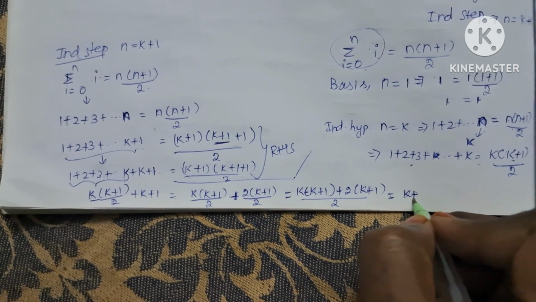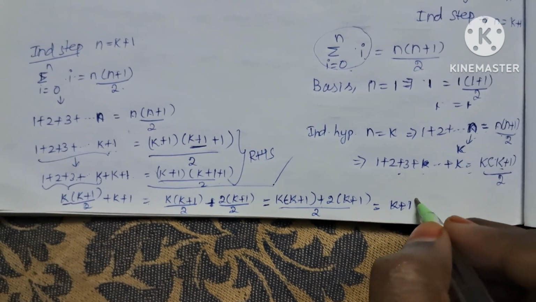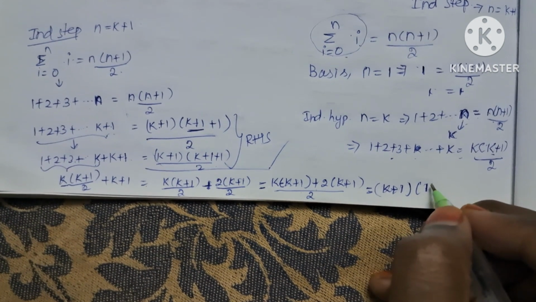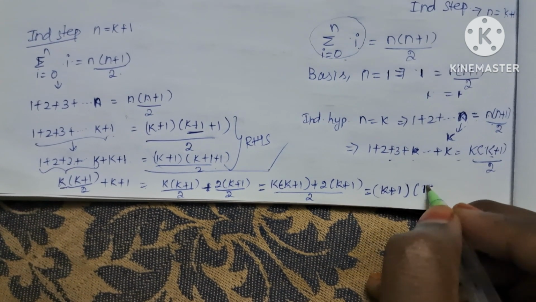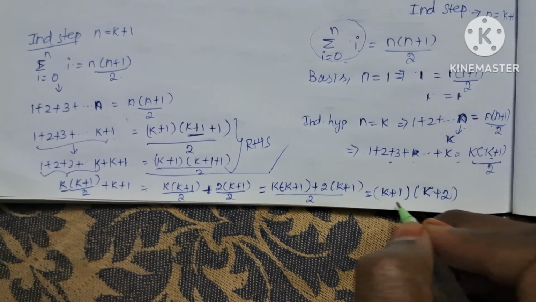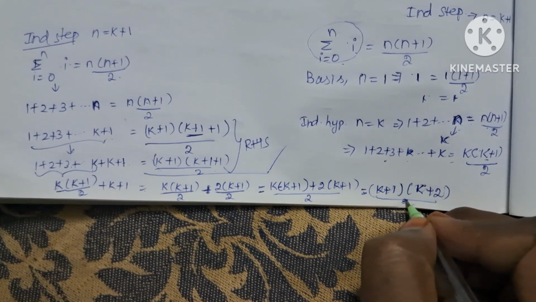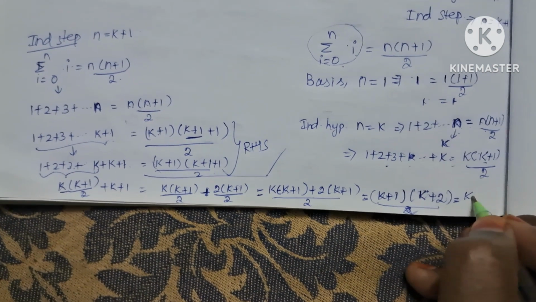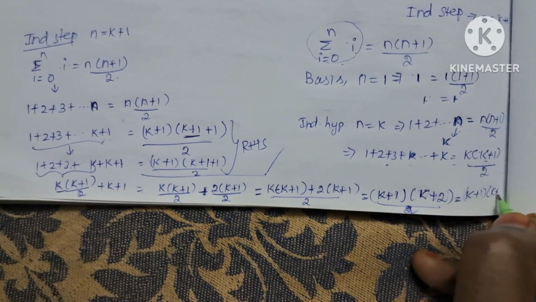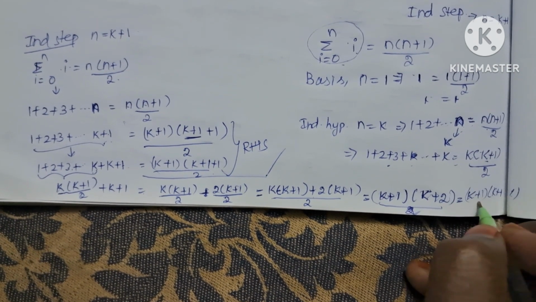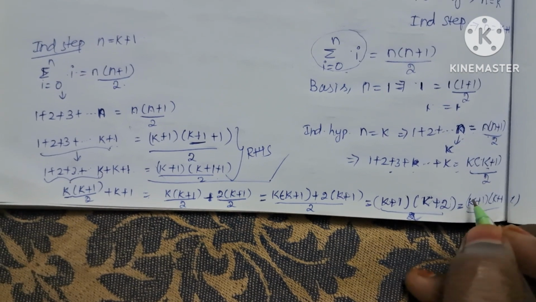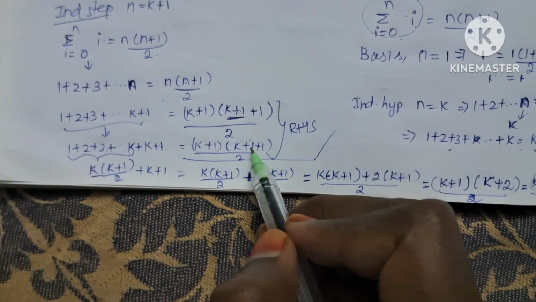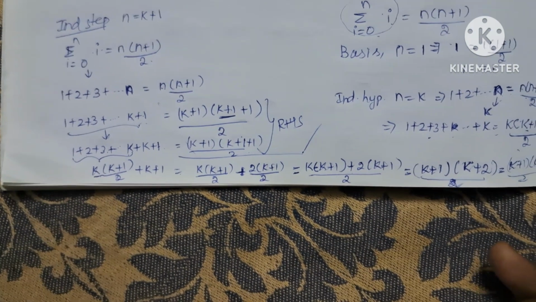So k plus 1 into k plus 2 by 2. So which can be written as k plus 1 into k plus 1 plus 1 by 2. So this is equal to right hand side. Here we got the right hand side. So both are same, hence we proved the result.